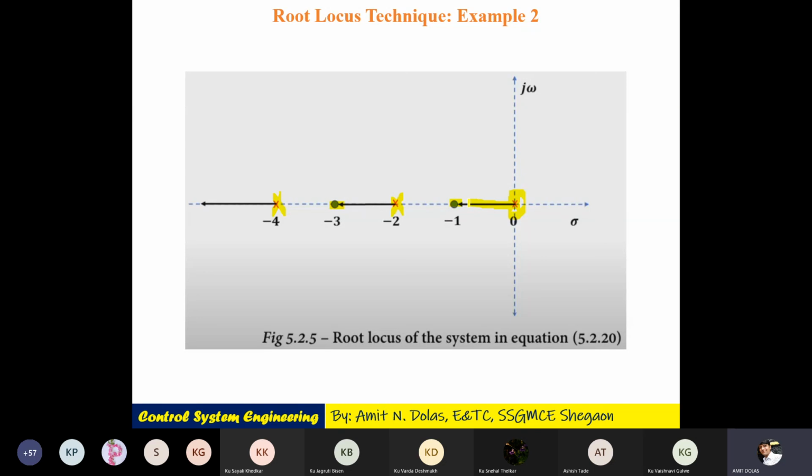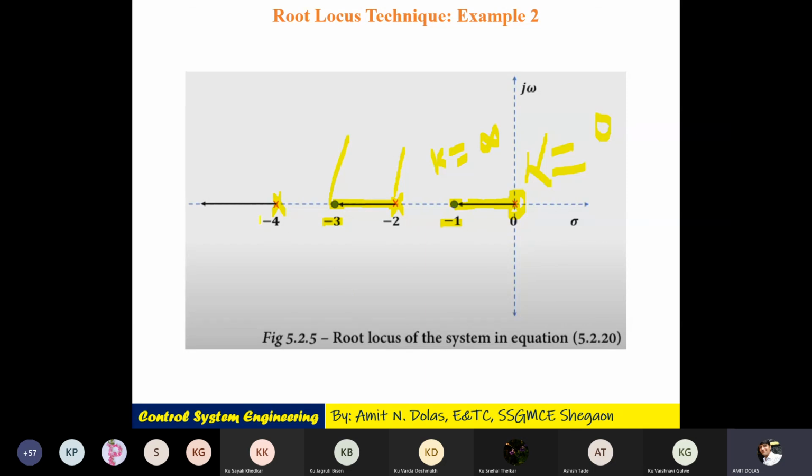There are 3 poles, which means 3 branches. So one branch initiated at 0 terminates at minus 1. This end will be K equal to 0 and this end will be K equal to infinity. Another branch will initiate at minus 2 and terminate at the zero at minus 3. Same: this will be K equal to 0, this will be K equal to infinity.